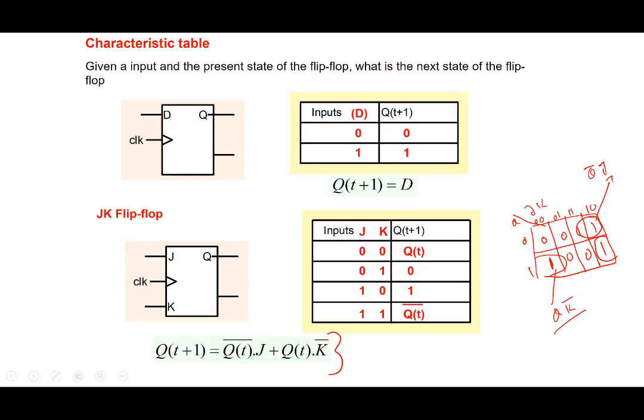So that's the JK flip-flop and its characteristic table. Characteristic table means, given the present inputs and the present state, what will happen to the next state when the clock edge comes. The possible inputs are 0 0, 0 1, 1 0, 1 1, and this is what will happen to the flip-flop when the clock edge comes, and this can be described by this equation. So like a truth table, this is the characteristic table for a flip-flop.